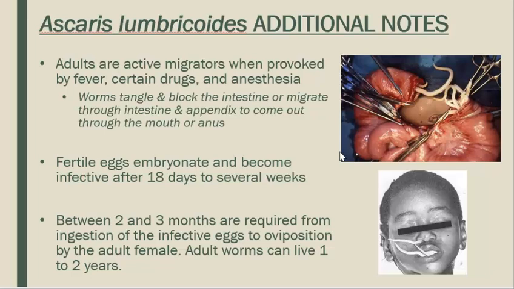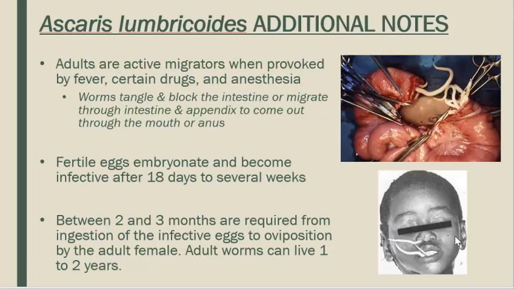So you can see here an image of the large Ascaris worms blocking some intestines. And here you can see a patient where something, maybe this little boy had fever or whatever, but the worms are trying to escape.